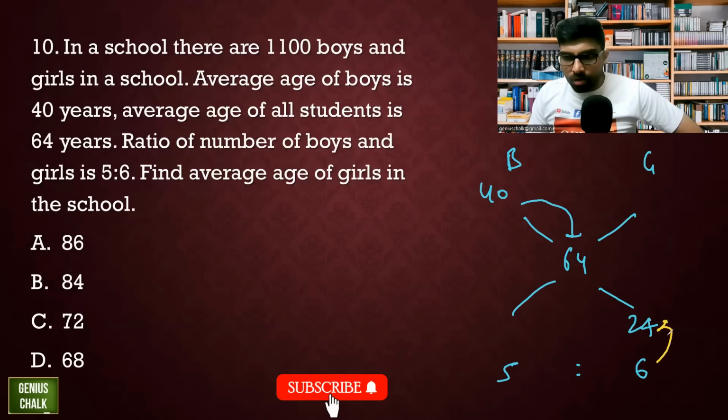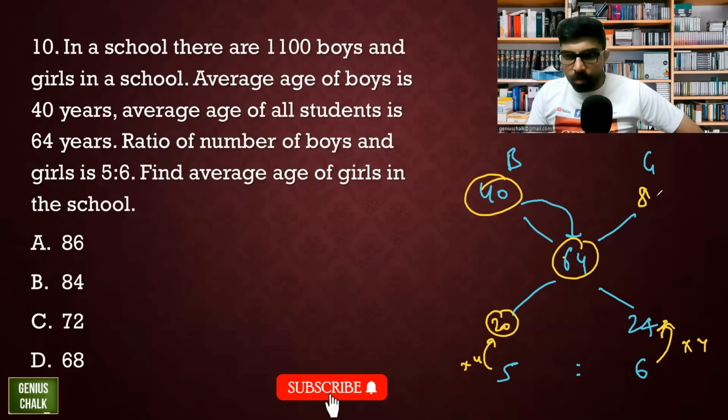So this is 4 times, so this also must be 4 times, that is 20. So if 40 is less than 64, then 64 plus 20 also must be here. That's why 84, not 80. So 64 plus 20, it is 84, has to be my answer.